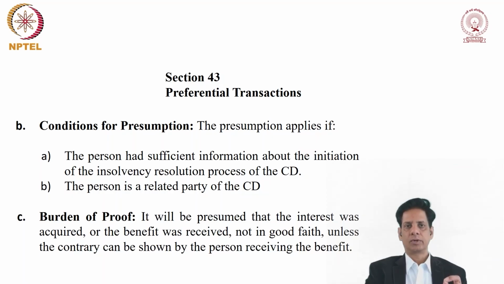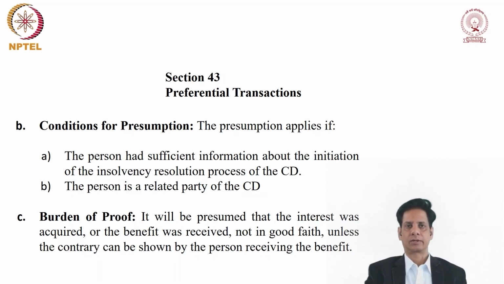The last point is very important. Who has the burden of proof? That means, should the liquidator or the resolution professional prove that this is a preference transaction, or is it the responsibility of the other party to prove that it is not a preferential transaction?